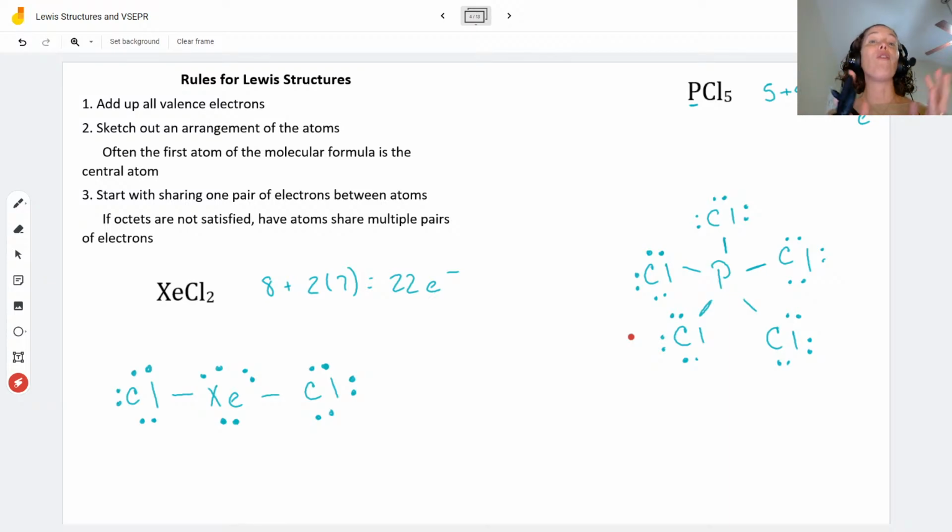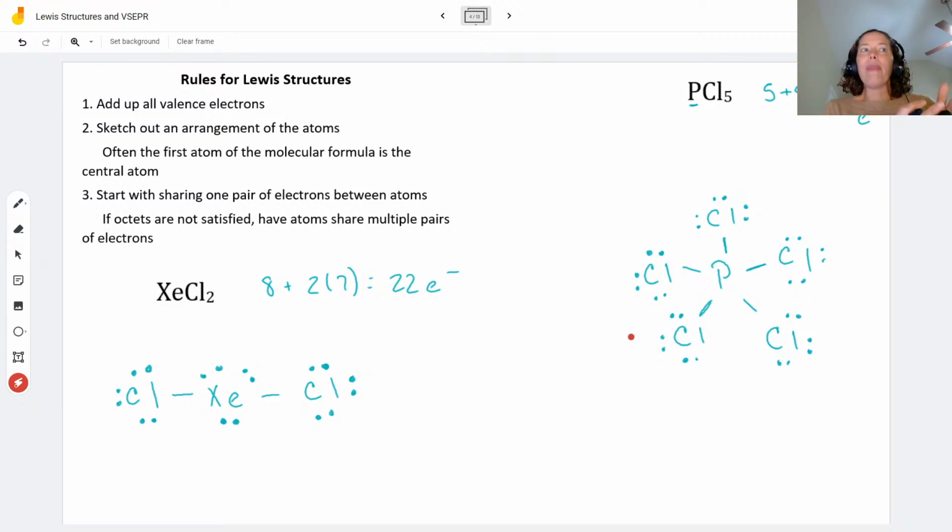Make them share 4 electrons instead of 2, or make them share 6 electrons. That would be a triple bond. So this is again why I like to start with single bonds, because I feel like it gives me both avenues. Am I going to need to do an expanded octet because now I've got a lot more electrons than I know what to do with? Or do I need to see that some of these octets are not satisfied and I need to make them share more?